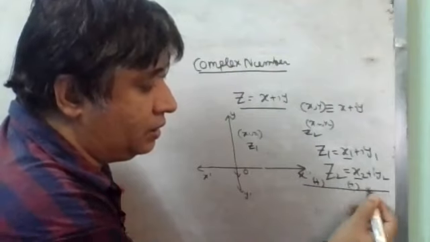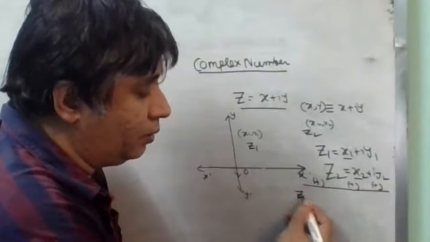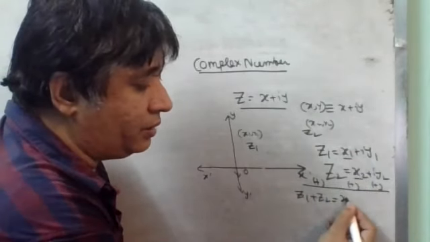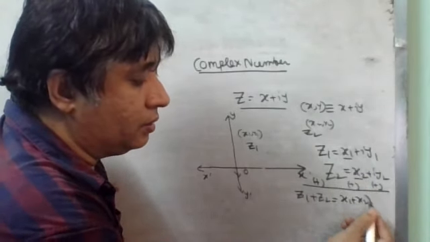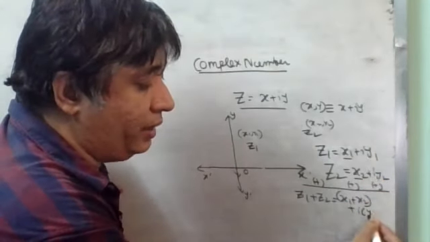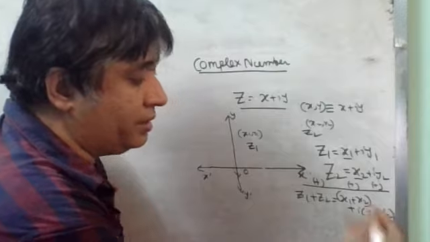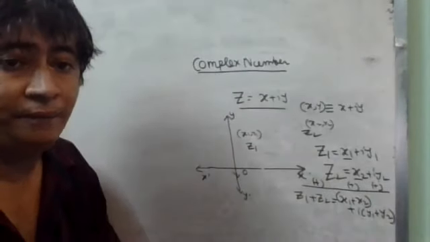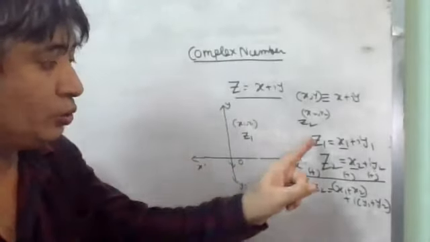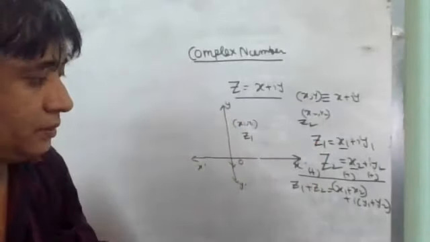See, simple horizontal addition, z1 plus z2. Real part will be added with real part plus imaginary part will be added with imaginary part. So this is the addition of two complex numbers, 2 points in the complex plane.